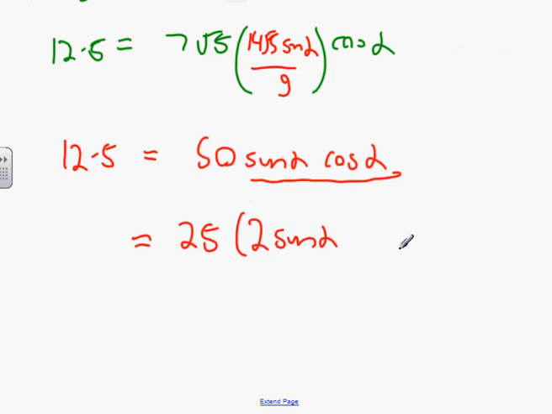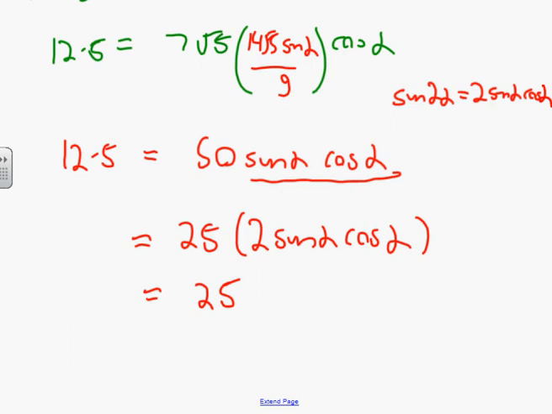What's 2 sin A cos A? Anybody remember? It's the double angle formula for sin 2 alpha. Okay, we did trig, did it in class, so you should try and remember that one when you can. Sin 2 alpha.